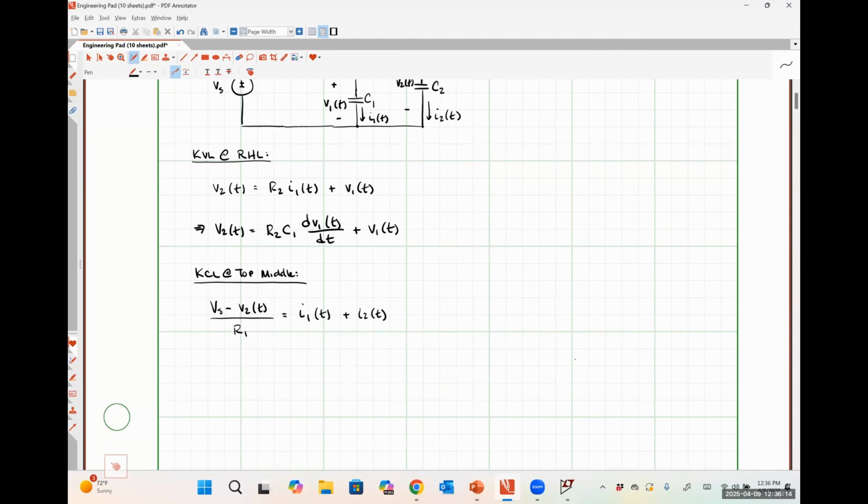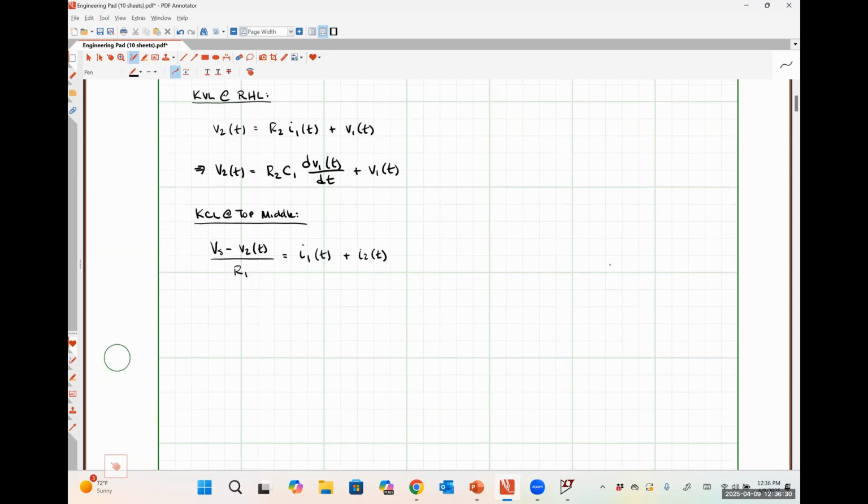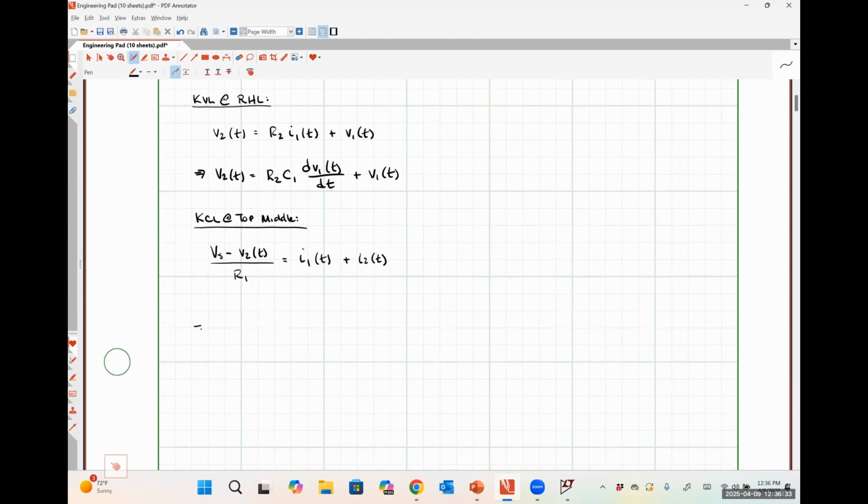And now I'm going to rewrite this guy expressing both of those capacitor currents in terms of their respective capacitor voltages. And for what it's worth, I'm also going to move that factor of V2 over R1 over to the right-hand side. So we might have something like this.